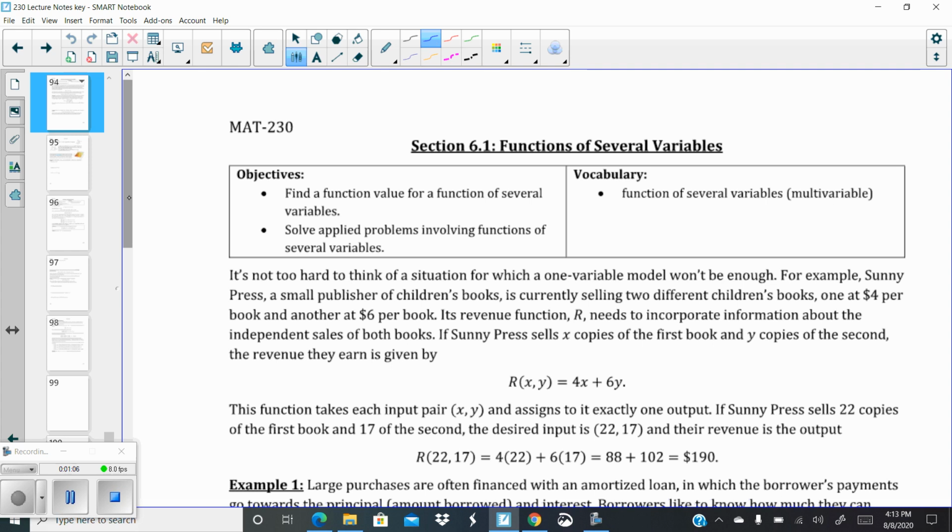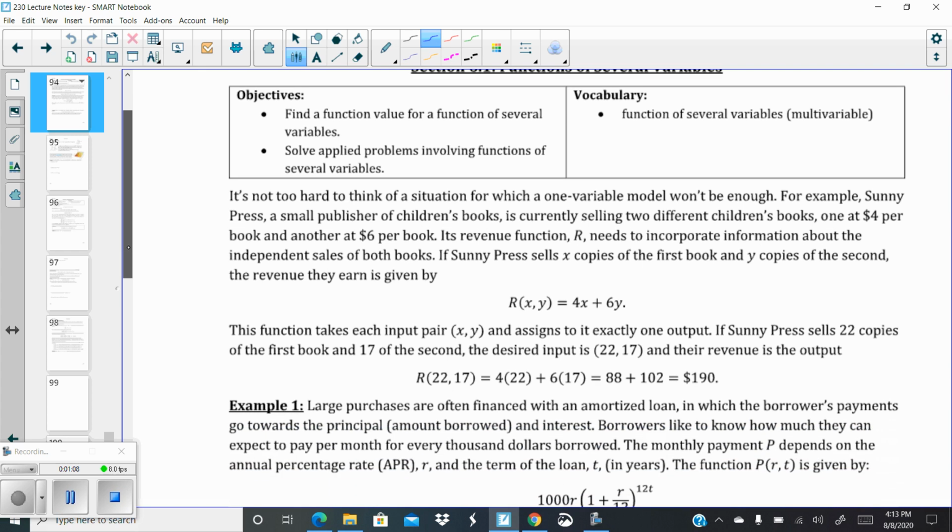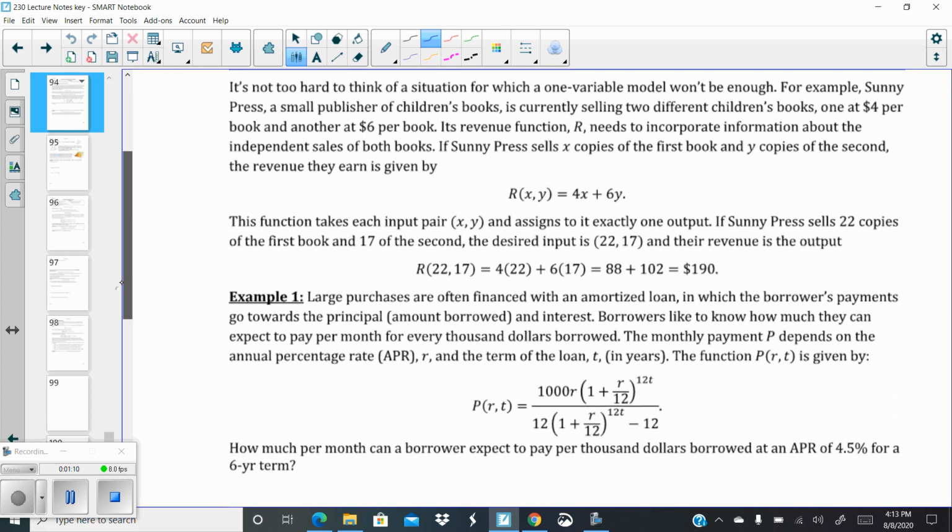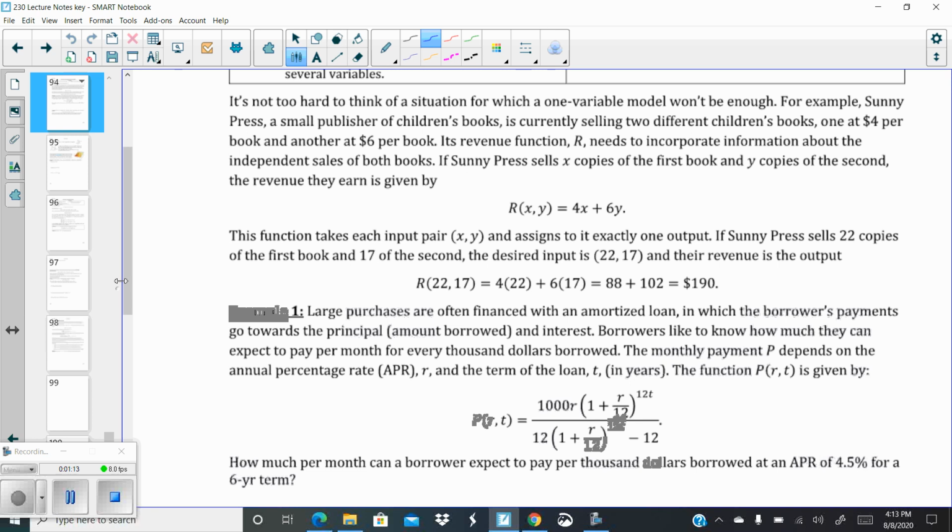All right, so you should probably be able to think of a situation where a one variable model just won't be enough. One of the examples that we're going to give, and I'll give at least one more that's not even on here. But for our first example here, Sunny Press, a small publisher of children's books, is currently selling two different children's books. One of them sells for $4 per book, the other one sells for $6 per book.